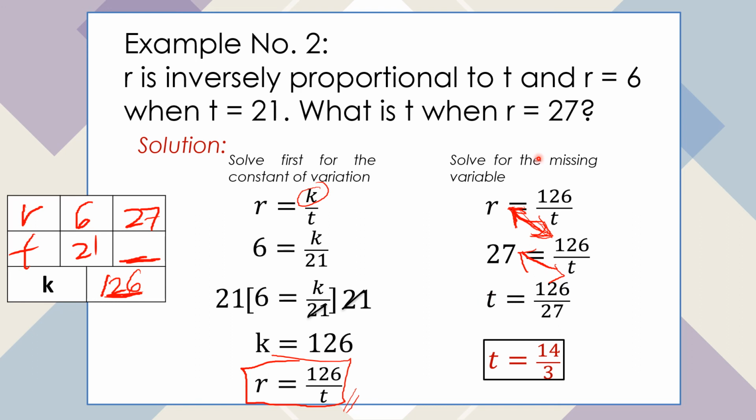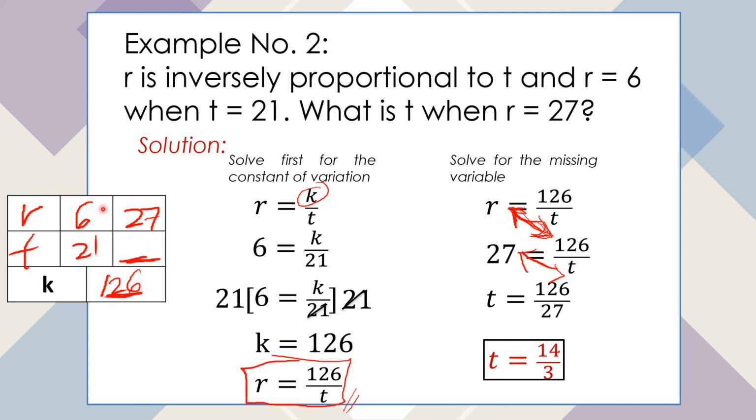Okay, ito ang technique sa inverse. Ang gagawin natin, i-times lang natin yung dalawa. We have 21 times 6, that is 126. Then, 126 divide 27, that is 14 over 3. Ganun lang.